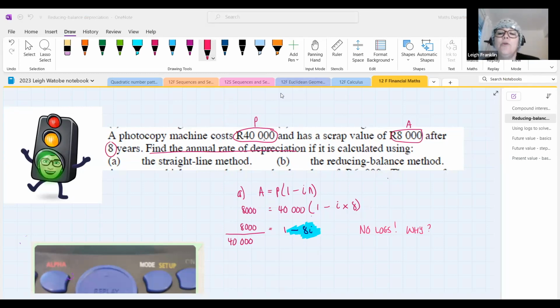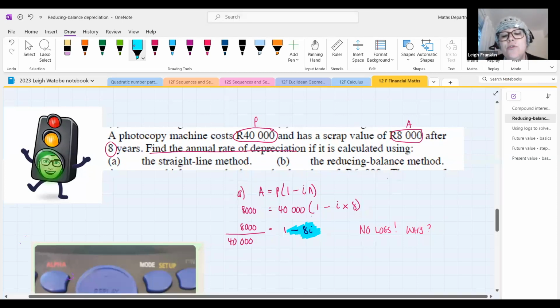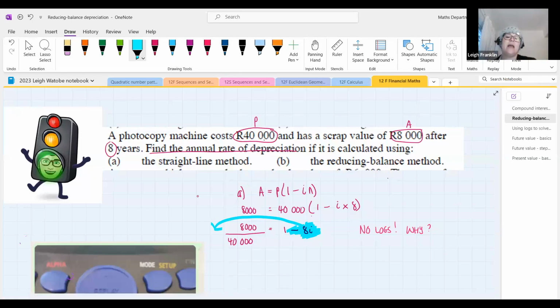Okay, exactly. We're not looking for an exponent. We're not trying to find the value of an exponent. All right, so the easiest thing for you to do, guys, is, as Kumo said, transpose the negative 8i and make it positive 8i. That's going to be a lot better for you in the long run.